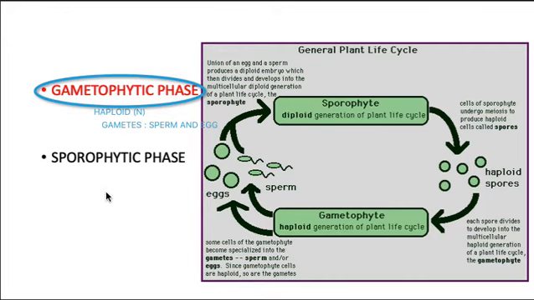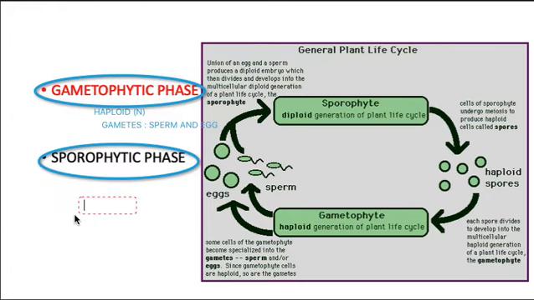The sporophytic phase is the diploid phase, which means there are twice the number of chromosomes as compared to the haploid phase.